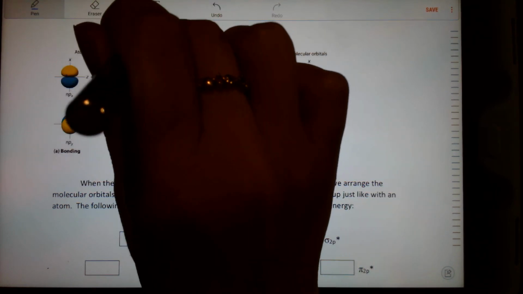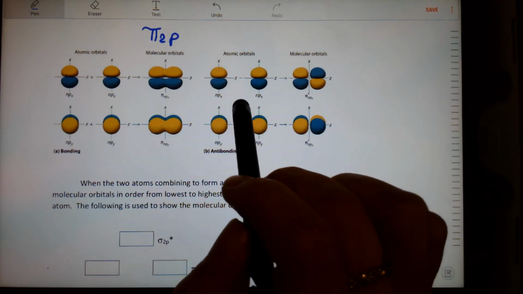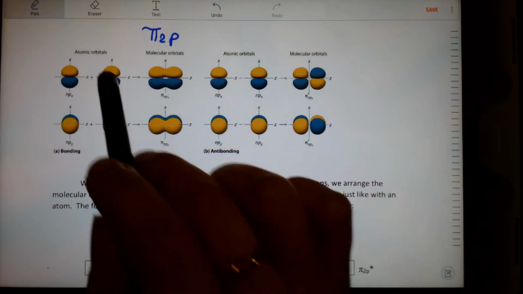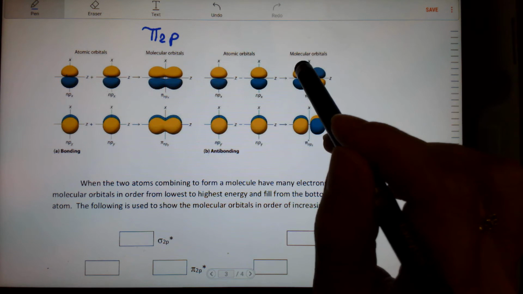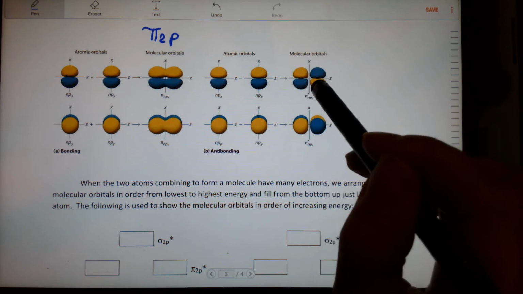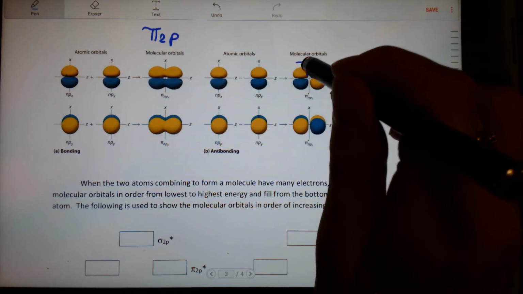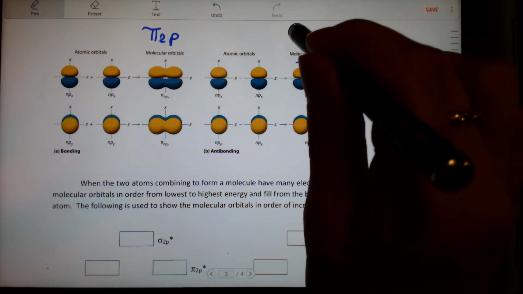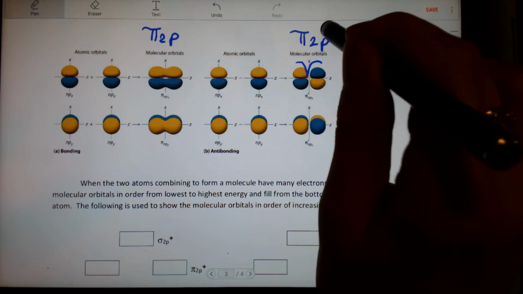So we call this pi 2p. What if we flipped one of these upside down and they were not in phase? We would get the yellows on the opposite diagonal and the blues diagonal. That's going to form, again, that node right there. So this is pi star 2p.